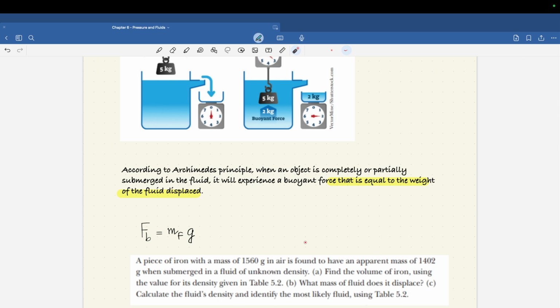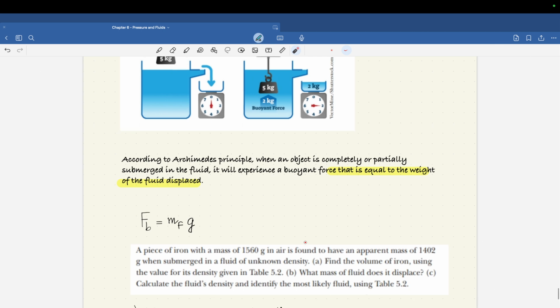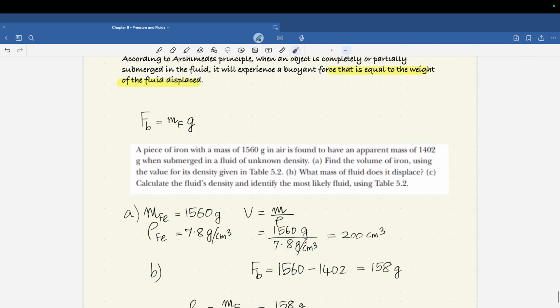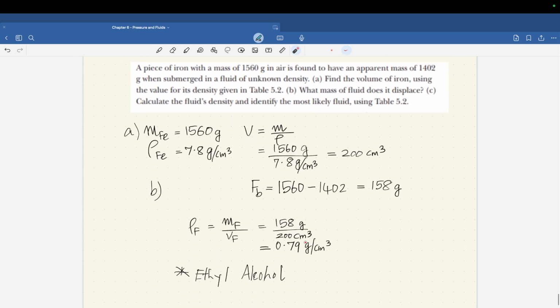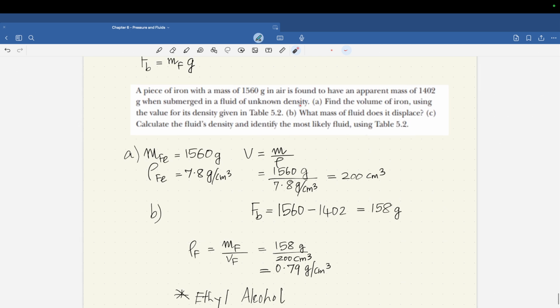So I'm going to demonstrate that with this question, a really important and good question. The question says a piece of iron with a mass of 1560 grams in the air is found to have an apparent mass, so it appears to be only 1402 grams, in a fluid of unknown density.